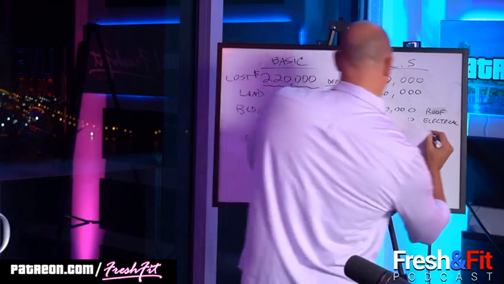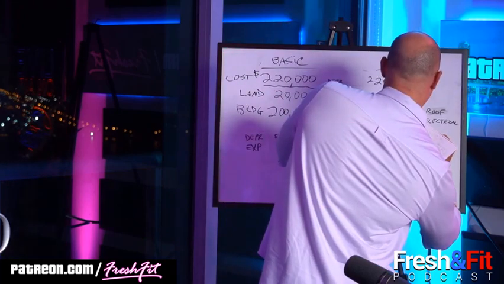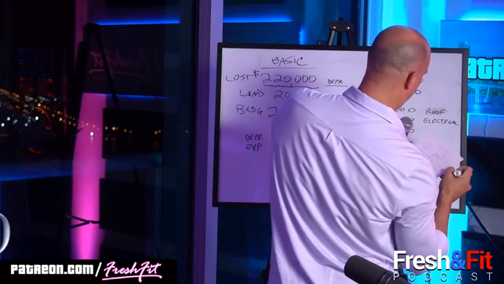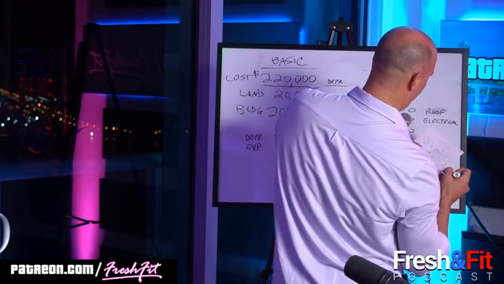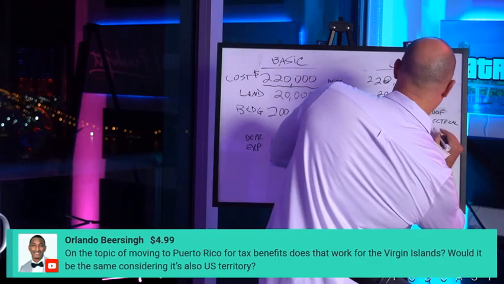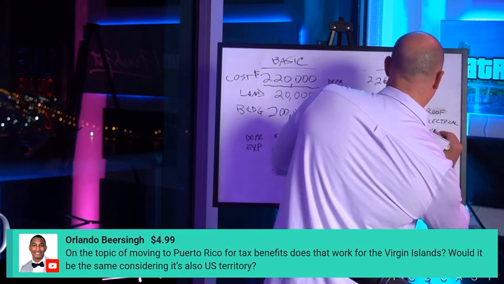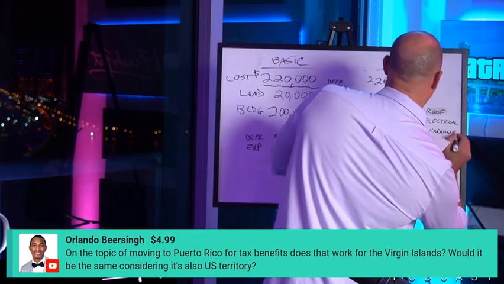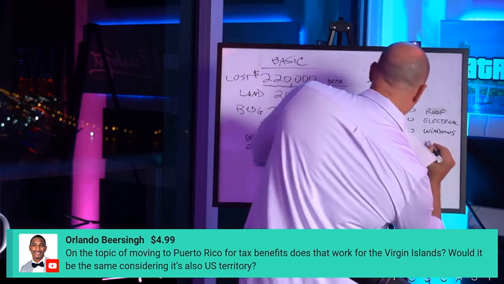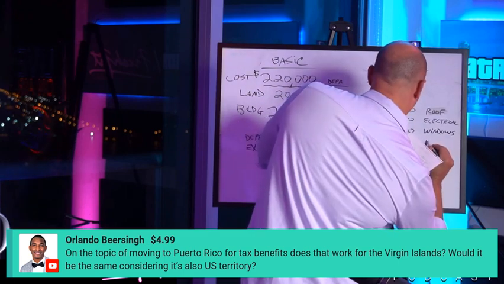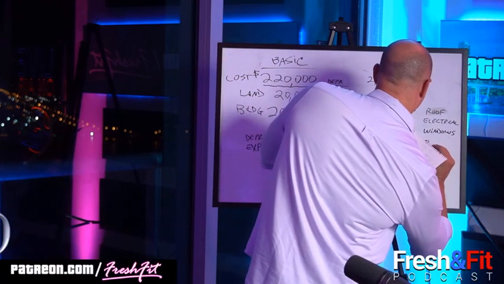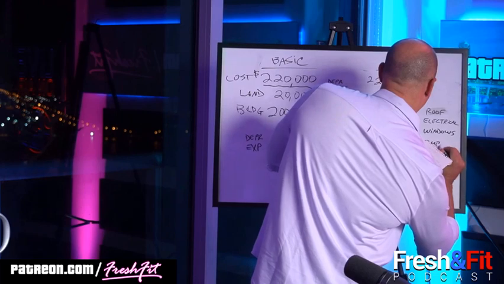Let's see, what did I have on these here? AC, windows. Let's say windows or something like that. Windows are expensive, man. And now this I'm just going to call improvements, especially hurricane impact windows.